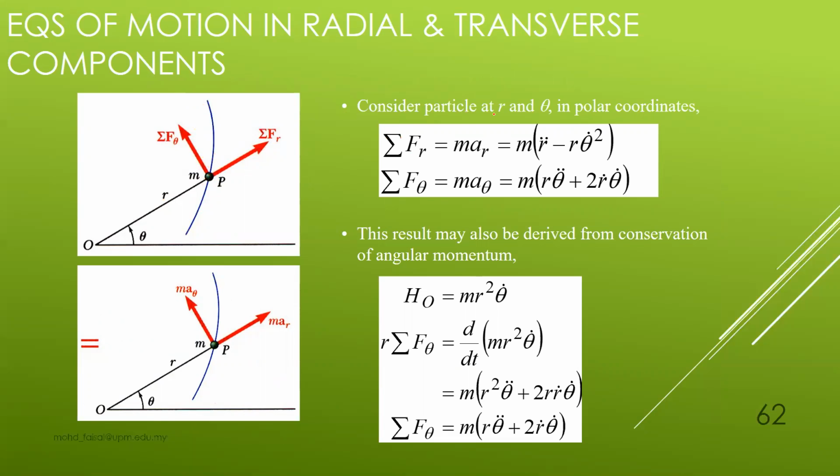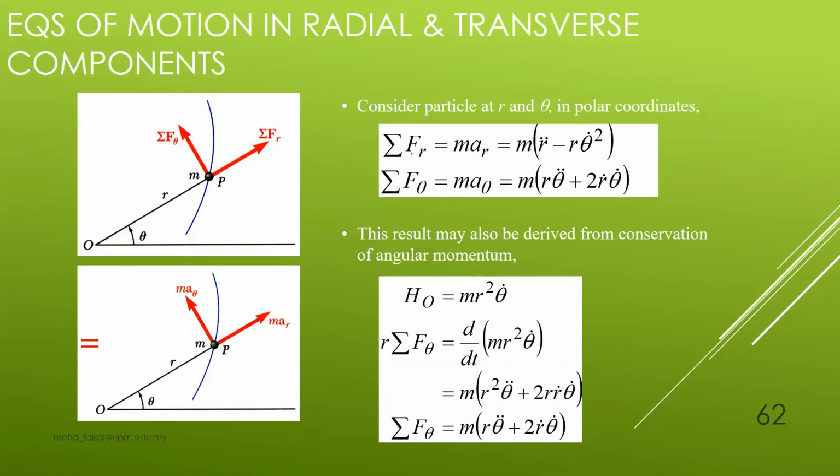Consider the particle at r. Remember that r at any point along this curvature is different. As theta is increased or decreased, any change in theta, the r will change as well.